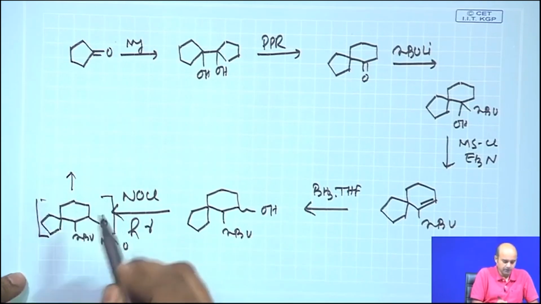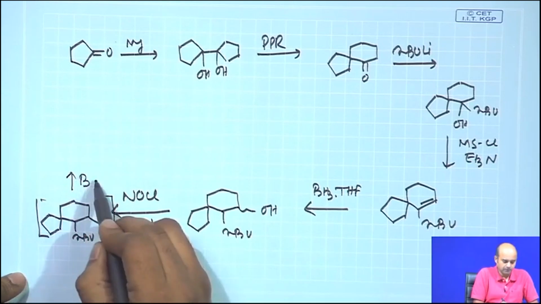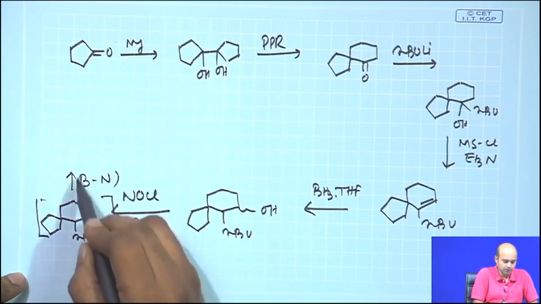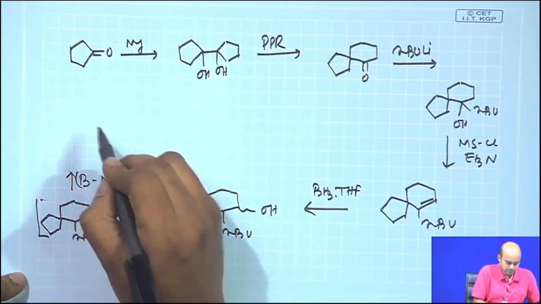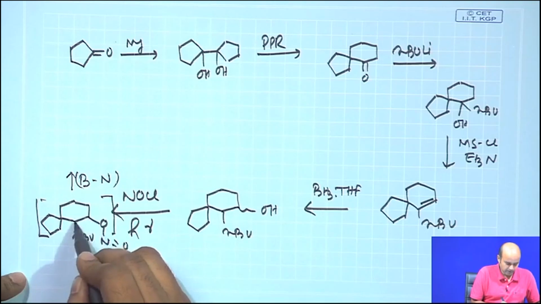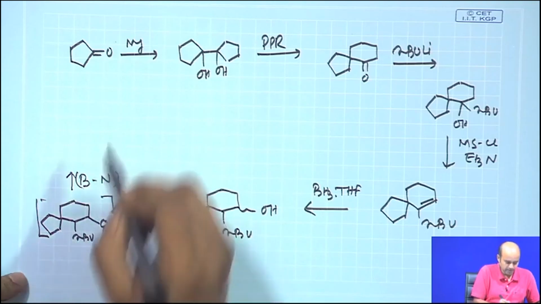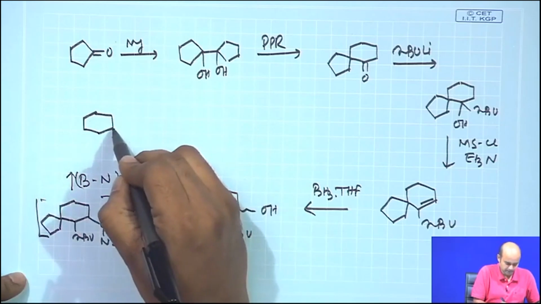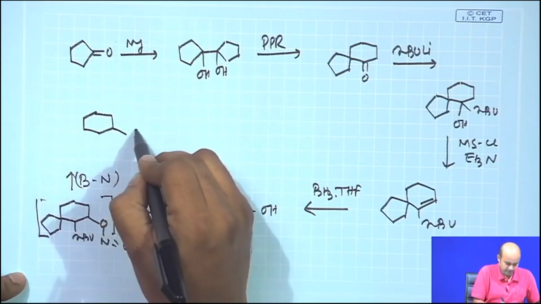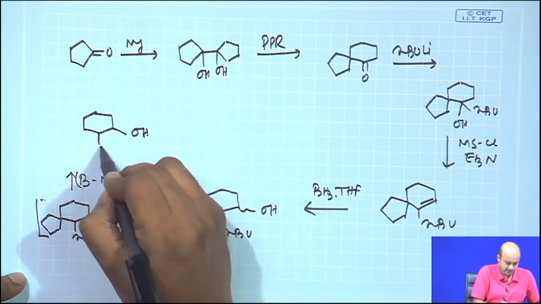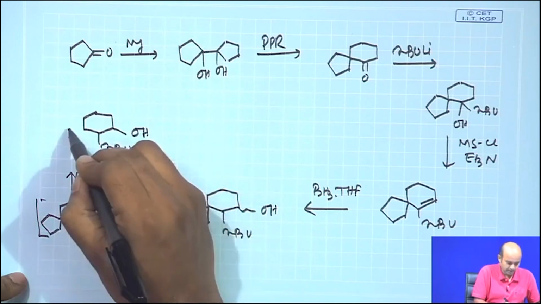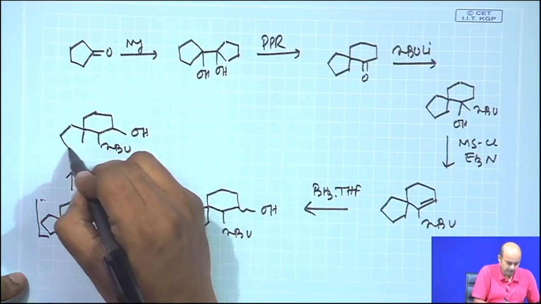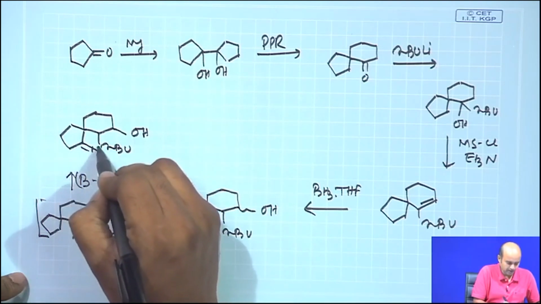Okay, and then you do the Barton reaction, nitrite ester photolysis. So, alpha, beta, gamma, delta, the oxime will come here. So, what will you get? You will get OH here, N-butyl, and this side cyclopentane ring will now have the oxime.